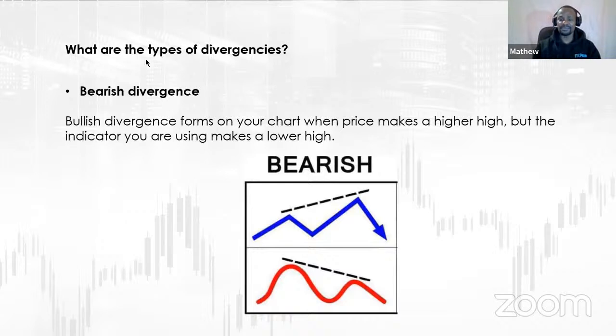So after some time, it's likely that the price is going to lose that momentum, or the buying momentum is going to reduce in line with what is happening with the indicator, and it's likely to move to the downside. That's why we're calling this one a bearish setup.